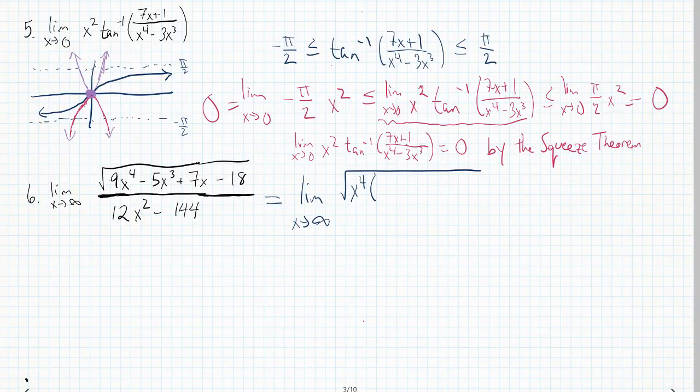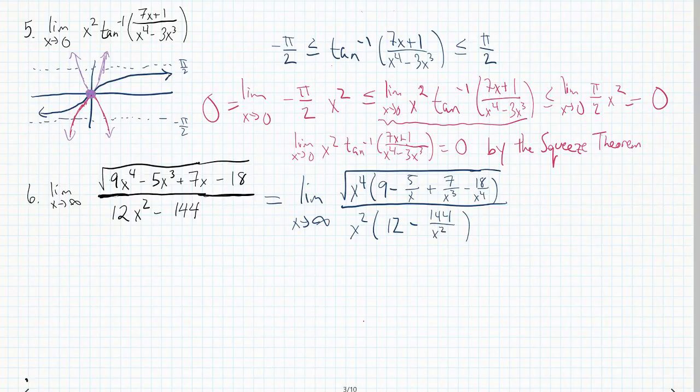Notice we're left with a 9 minus 5 over x plus 7 over x cubed minus 18 over x to the 4th. If you don't like this method, let me know, I can show you another method. And we have that divided by, in the denominator, let's factor out the x squared, and we're left with 12 minus 144 over x squared.